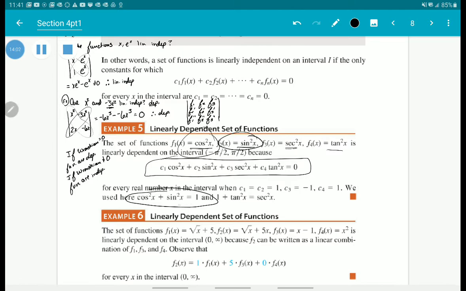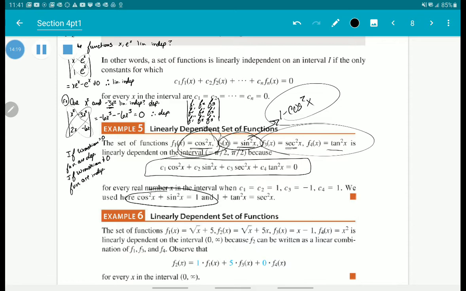So if we rewrite that, sine squared is equal to 1 minus cosine squared. So this can be written with a cosine. So those are not independent.